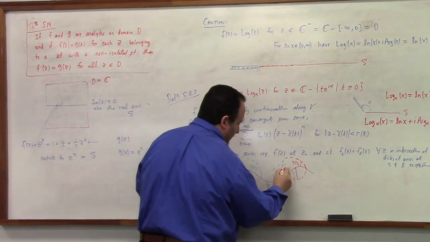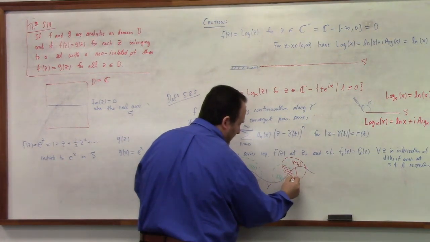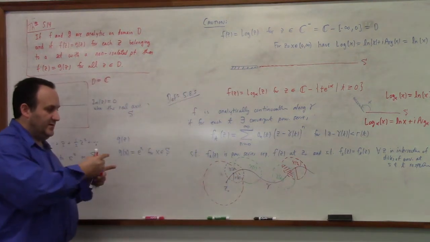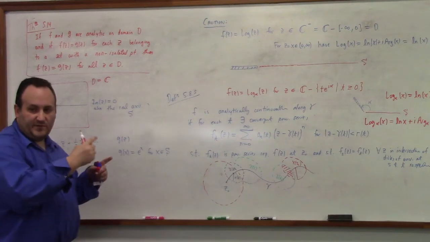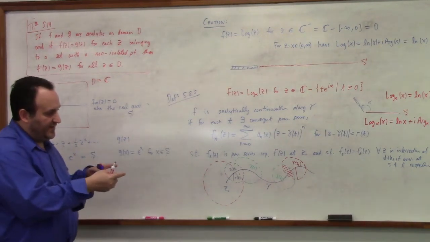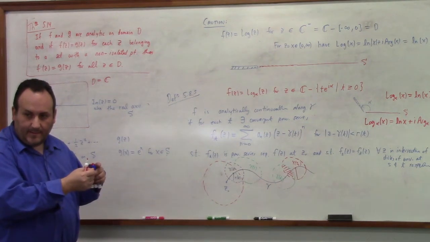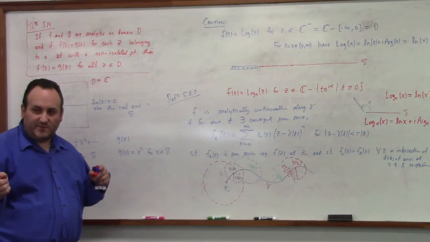So here's the overlap of those disks. The point is that the power series representation at gamma of t2 and the one at gamma of s2 have to agree on the overlap, which isn't to say that they have to agree everywhere.